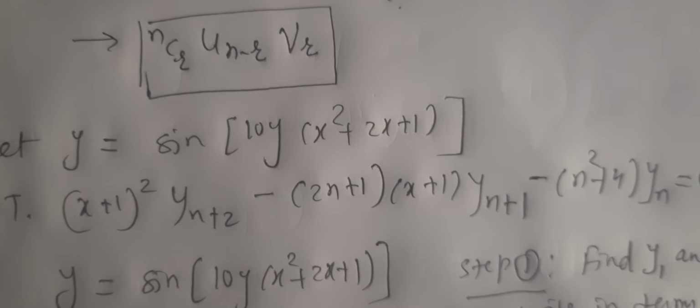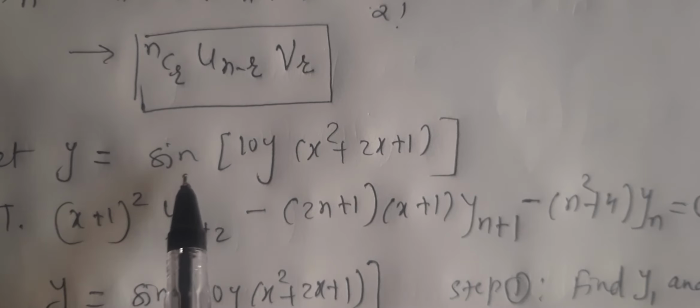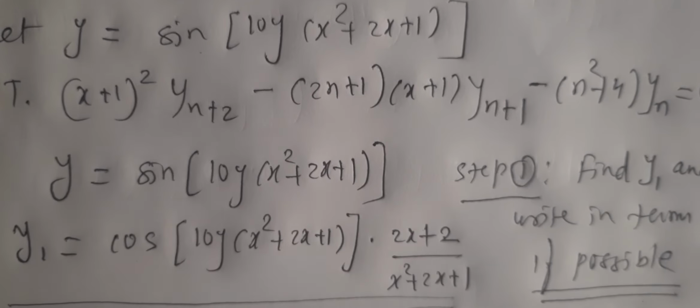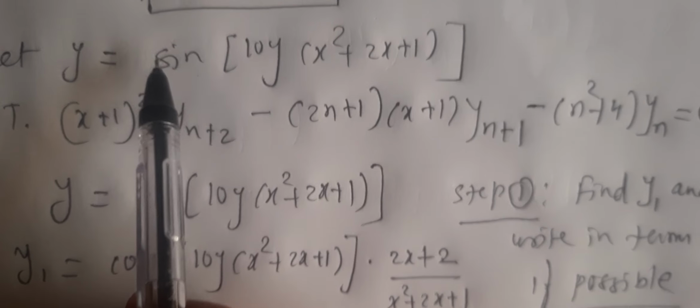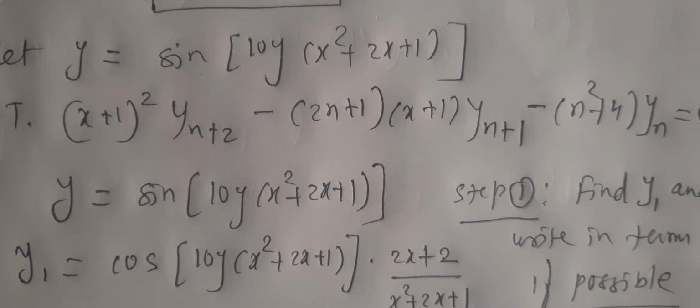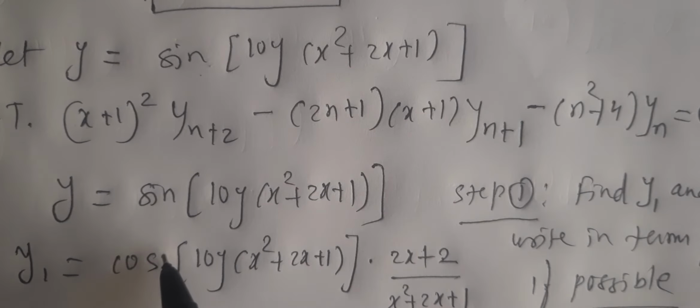Whereas if it is in terms of sine or cos, here it is in terms of sine, y1 will obviously be in terms of cos, whereas y is in terms of sine. So we have not written y1 in terms of y. But when you go for y2, obviously now derivative of sine is cos and derivative of cos is minus sine, which means y2 will be in terms of sine.